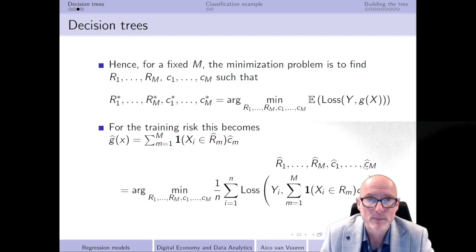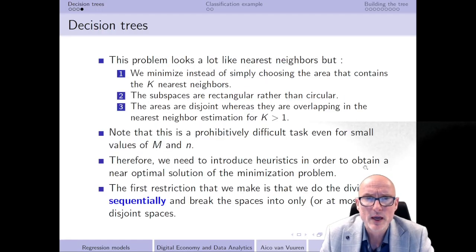So what we typically do when we have a problem that we cannot solve is use heuristics, and that's the case here as well. The first restriction that we make is that the division should be sequential, and we break up the spaces into at most two disjoint spaces.